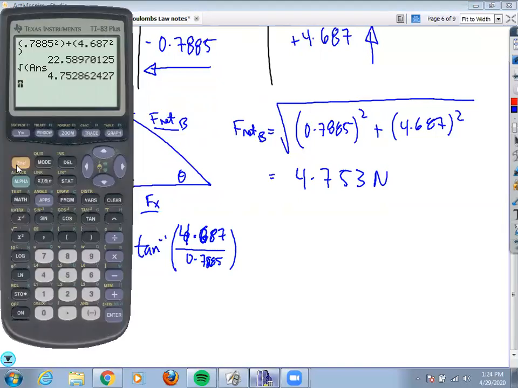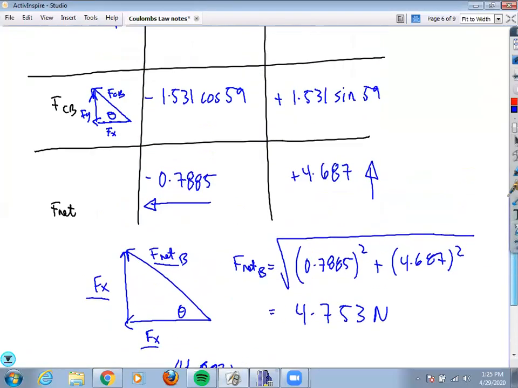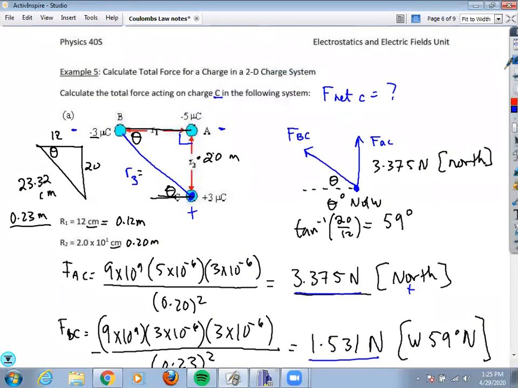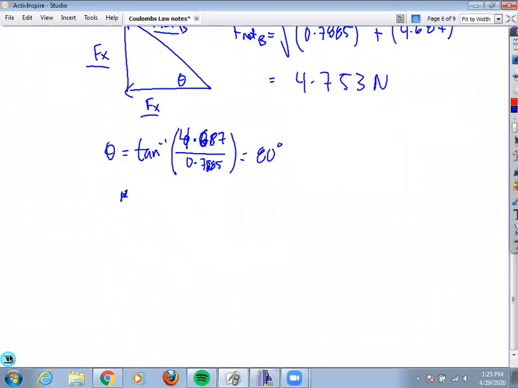And our angle inverse tan, 4.687 divided by 0.7885, 80 degrees. That's north of west. So our final answer to sig figs is 2 sig figs: F, and that's charge B, equals 4.8 newtons west, 80 degrees north.